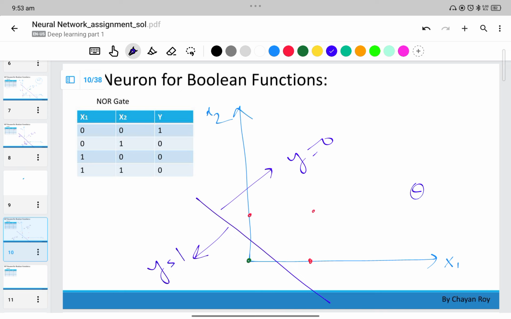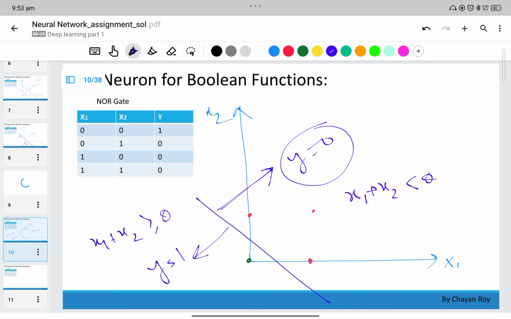And we can take theta such that whenever the summation x1 plus x2 is greater than or equal to theta, we get y equals to 0, and when x1 plus x2 is less than theta, we get y equals to 1. Theta will be some negative number here.